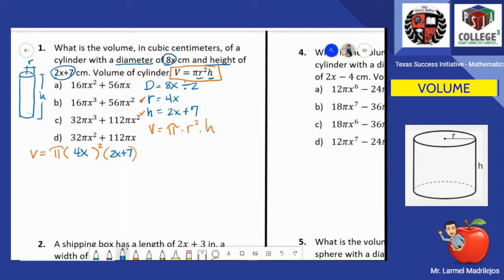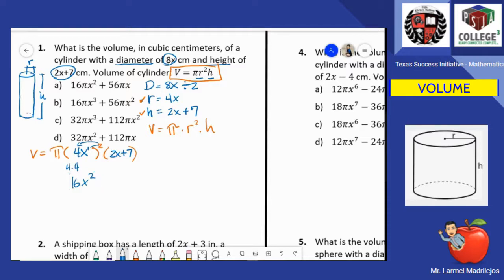Let's start first with the exponent. If you remember PEMDAS, parentheses, exponent. So this is 4 times 4, that's 16, and x with exponent 1 times 2 is 2. So the first parenthesis, the answer is this.